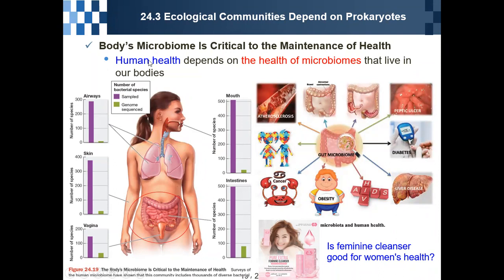Human health usually depends on the health of the microbiome that lives in our body. For example, in our gut we have lots of good and bad microbiome. The microbiome can control diabetes or obesity. If we have a harmful microbiome in our gut, we can become obese or have diabetes.